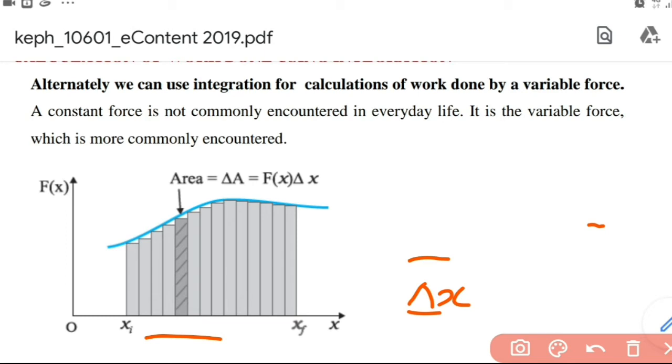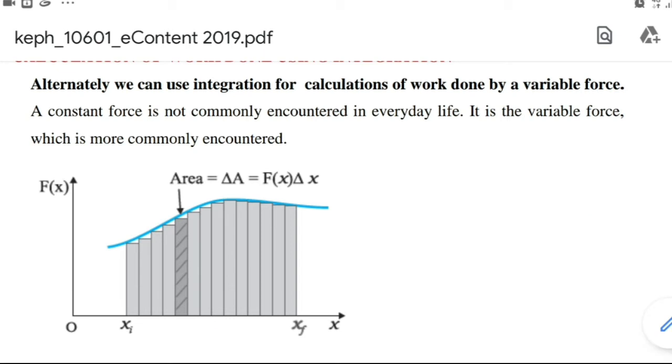To find the total work done, you can add all these small works. That means for each interval delta x, you find the work done and finally add them, which will give you the total work done for the displacement from xi to xf.